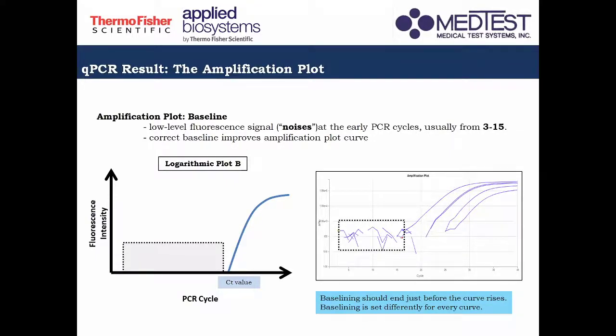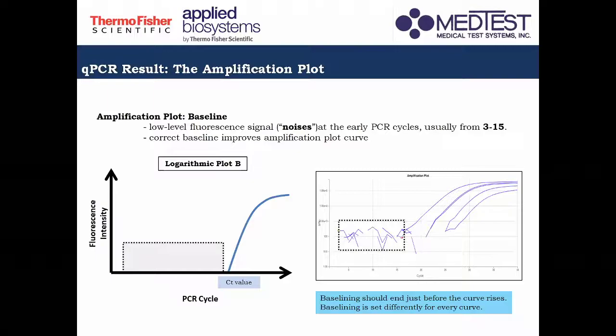So apart from the amplification plot, apart from the CT values and the threshold line, we also have the concept of baselining. So ano ba itong baselining? Di ba sa lahat ng qPCR results natin, meron talagang part ng PCR na noisy. And that is what we would want to remove from our result.